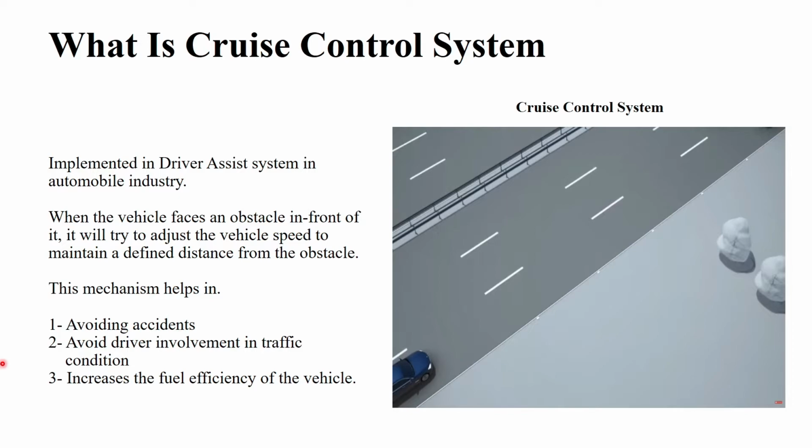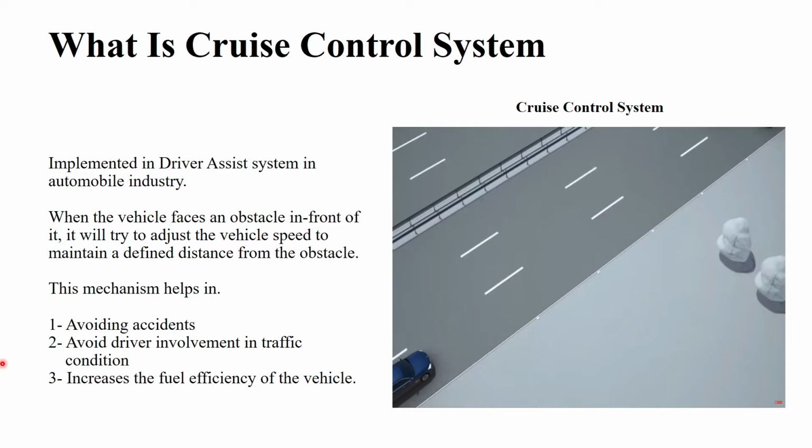This also helps in the following way. It will help to avoid accidents. It will help to avoid driver involvement when he is in traffic. Usually in traffic, if it is given an instruction to maintain a constant distance from the other vehicle, then it will be activated and it will try to maintain the distance as we have seen.